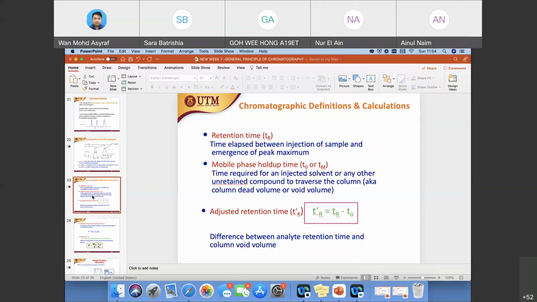As before, when we did calibration, you need to subtract the blank signal to get the correct signal. This is more or less the same. The correct retention time, the time taken for your first peak to emerge from your injection, needs to be minus the T0. Okay?